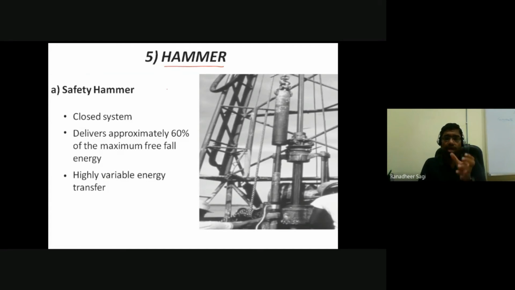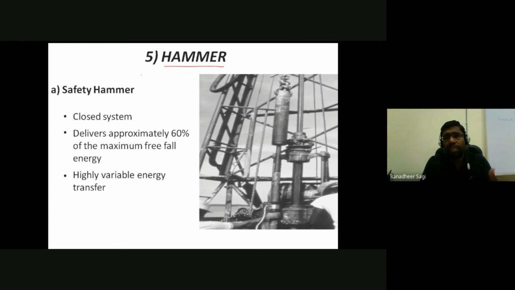Ultimately, out of what you have applied, how much of the energy is getting transferred onto the split spoon sampler while pushing it? Is 100% of the energy getting transferred, or only some percentage? So it depends on the type of hammer you are going to be using.